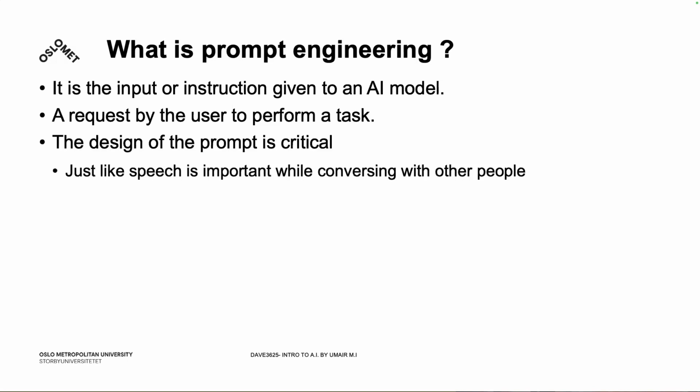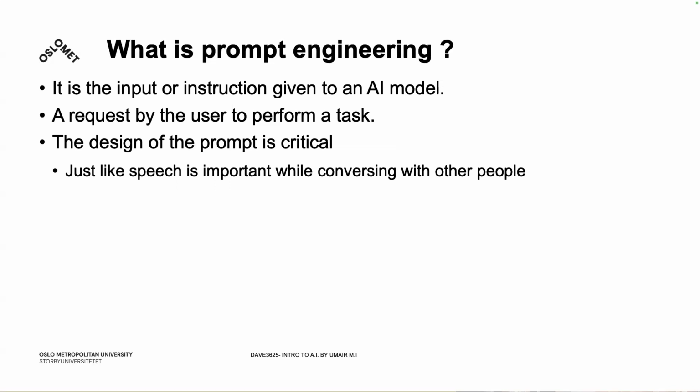Now, the focus is the design part. Why is the design of a prompt important? When humans talk with each other, we have a way to communicate. First of all, we agree on a common understanding of language. We will only speak a language which both people can understand.